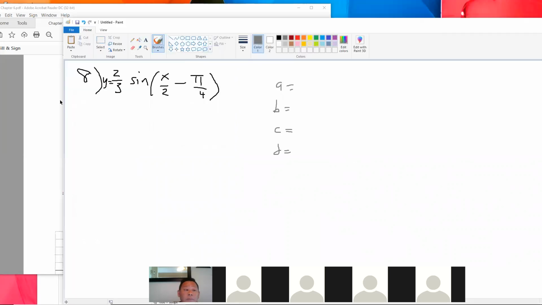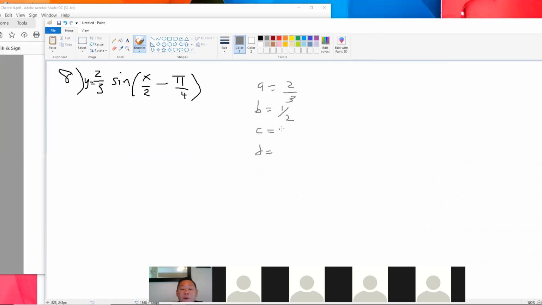A is 2/3. B is x/2. Again, like slope, you don't need x, so it's just 1/2. C, this is important. Pi/4. Very good. So don't forget that if you have a negative, it's positive.